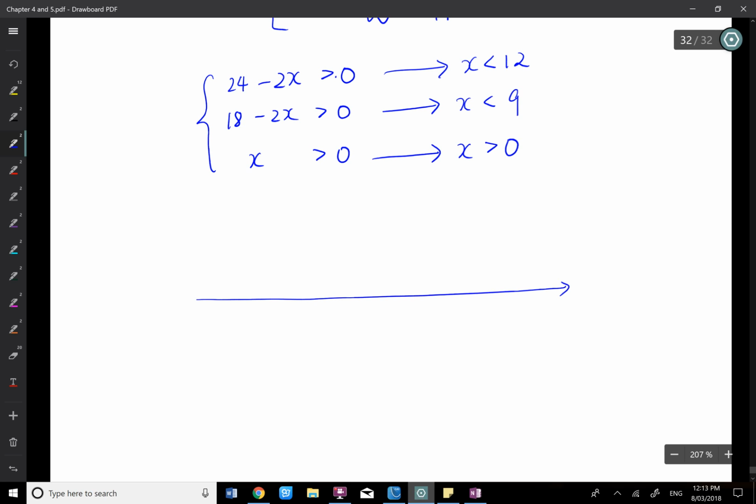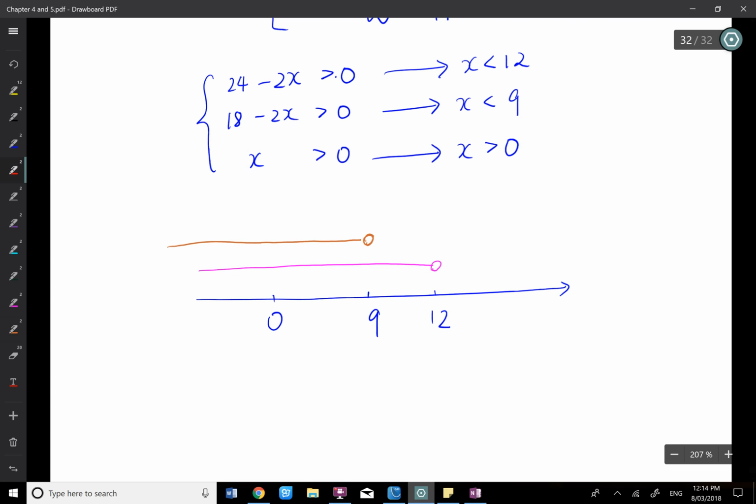So as I showed you before, if you use 0, 9, and 12 to do this, for x less than 12, open circle here, use a pink line. Less than 9, we can use another color, open circle here.